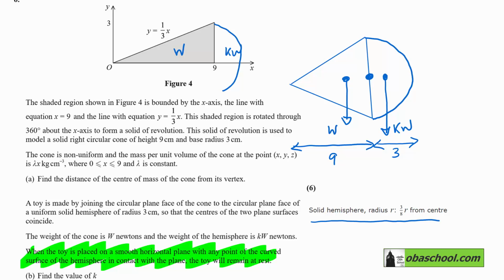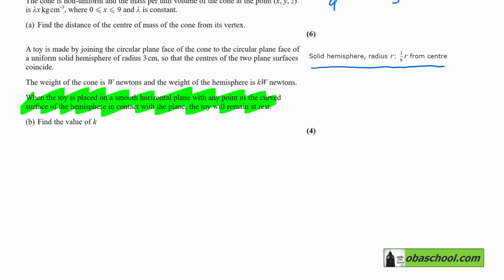We have this result here from the formula booklet, which tells us that this distance here would be 9 over 8. This distance here would be, using our result from earlier, 9 take away 36 on 5. So 9 take away 36 on 5, times W, that's the moment for the cone, is equal to 9 kW on 8.